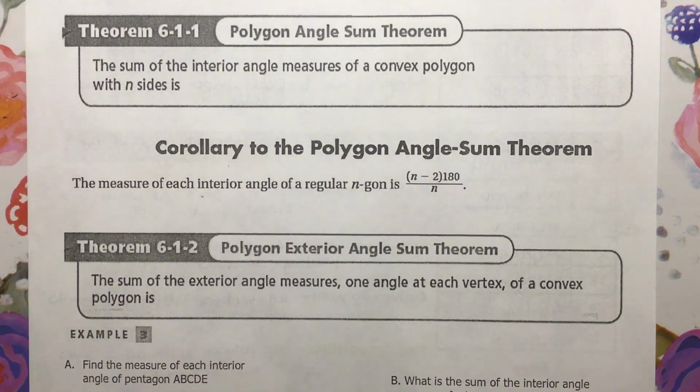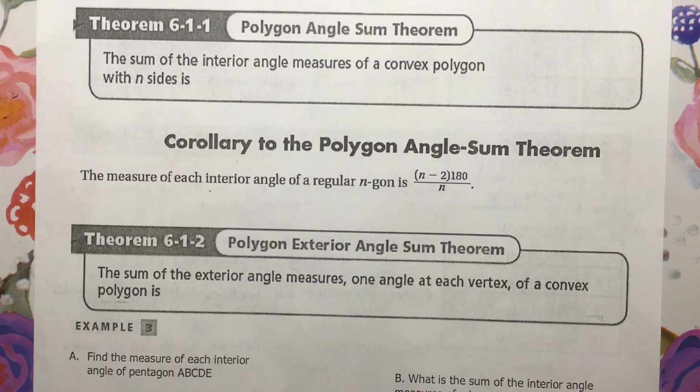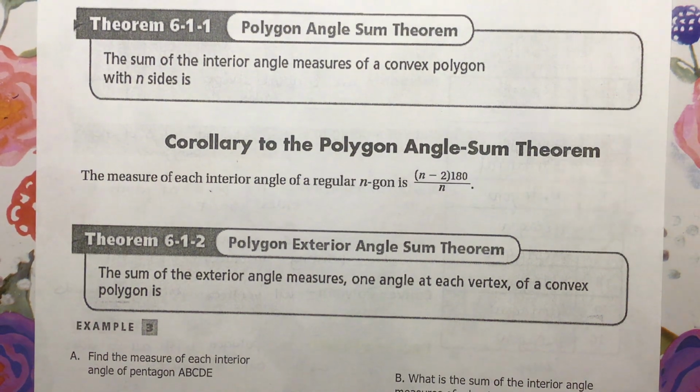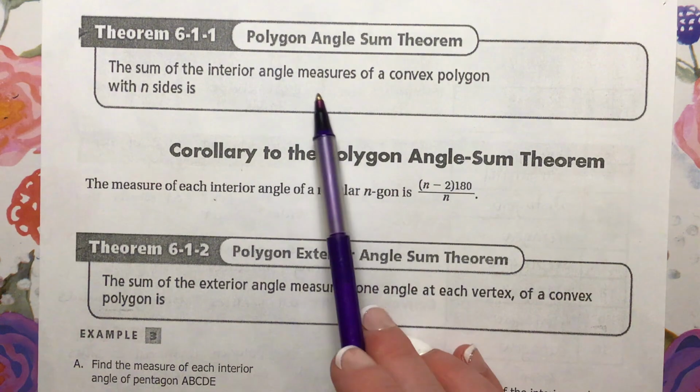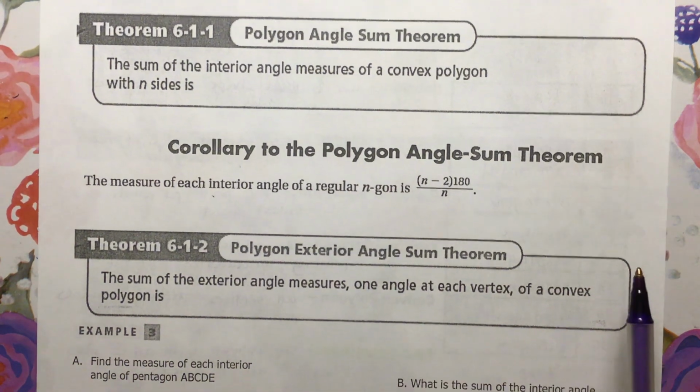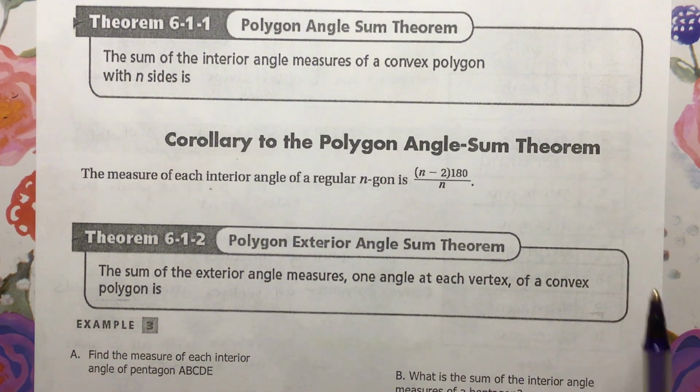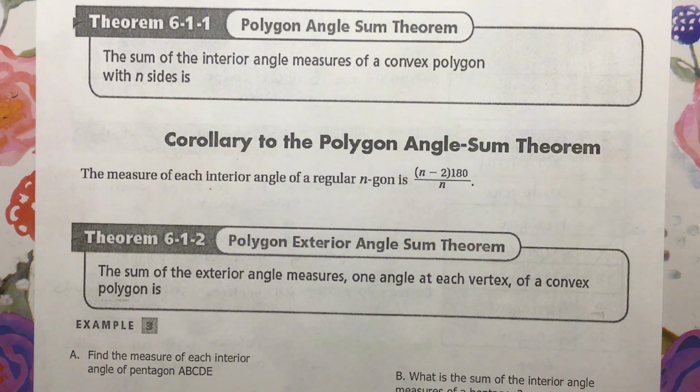Now that we've kind of talked about classifying, we're going to talk about how to calculate some things in polygons as well. So here we have the polygon angle sum theorem, and what this is telling us is how to calculate the angle total in a polygon.